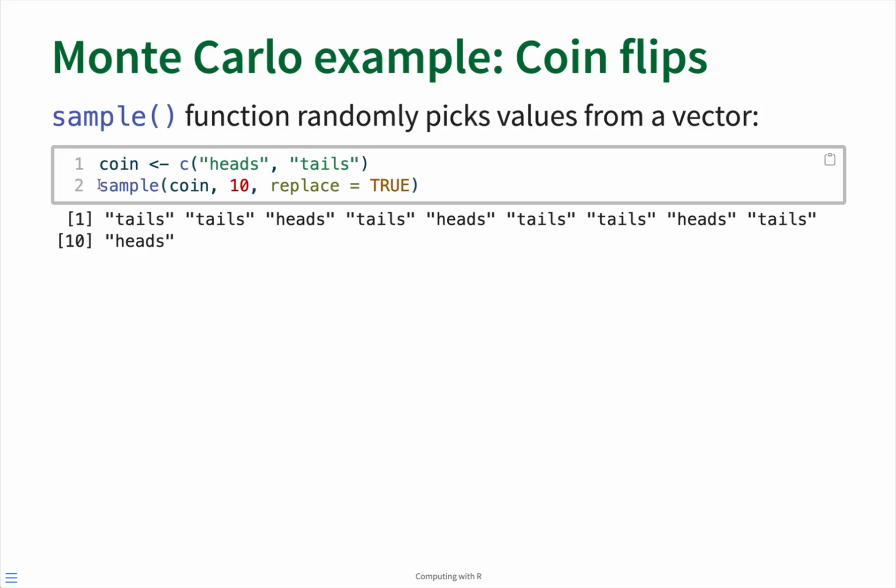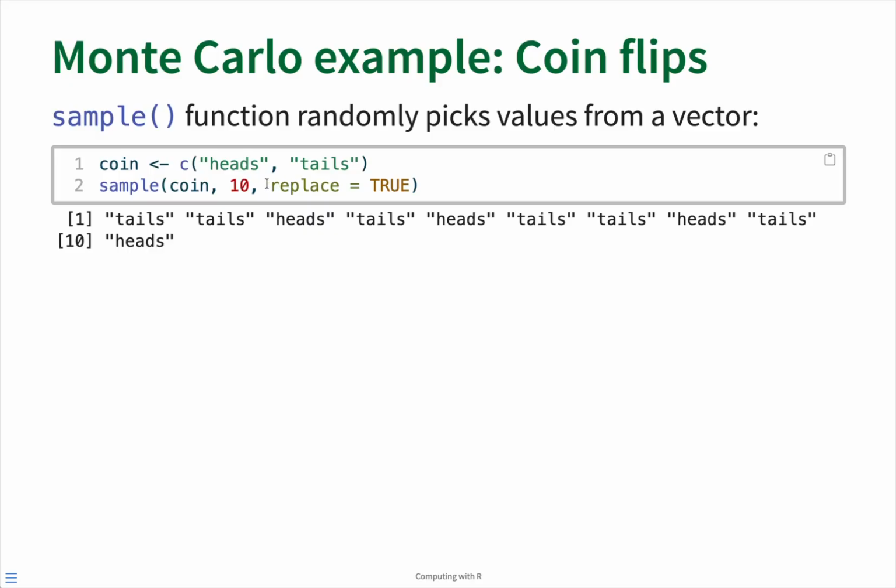On the next line of code, we can then call the sample function, and the first argument we're going to pass is that coin vector of heads and tails. The second argument is then the number of times that we want to randomly pick a value from the coin vector. So we're going to pick randomly from the coin vector 10 times, which in our simulation is going to be equivalent to flipping the coin 10 times.